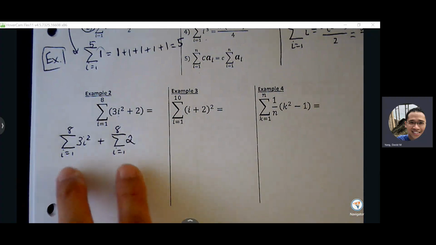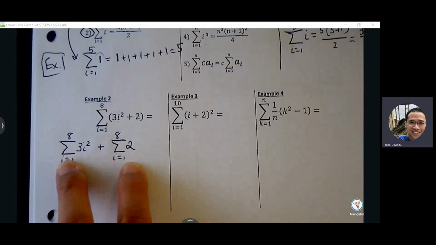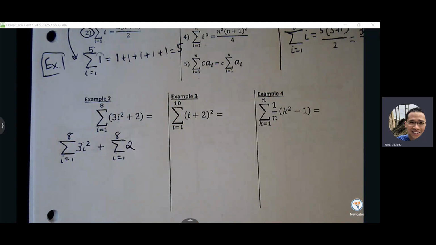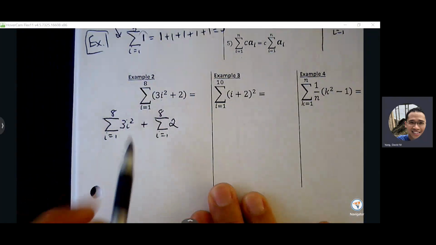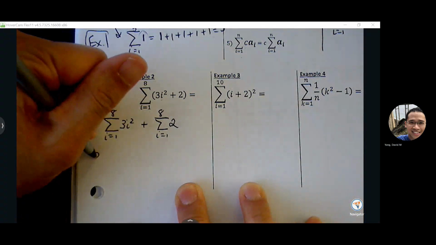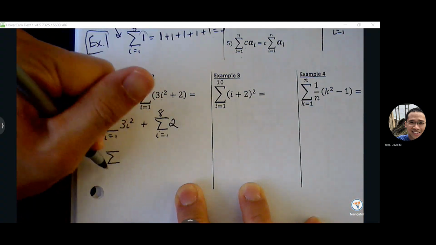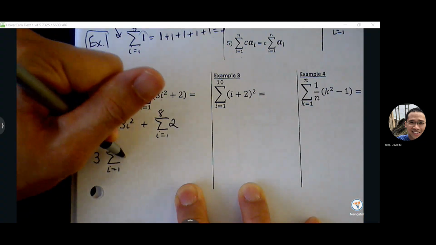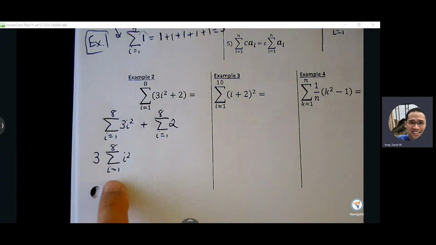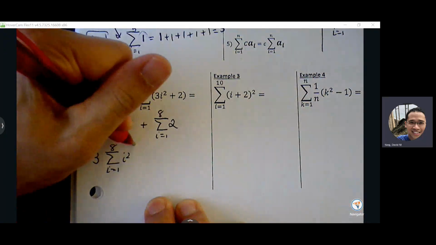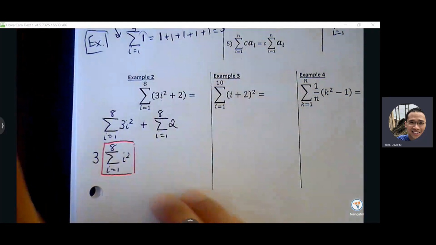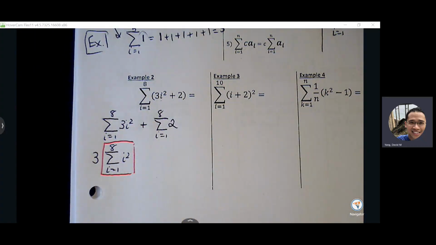Okay, so now that I've separated this into two sums, I want to fit these into the rules that I have available. I'm going to move some coefficients around. I'm going to pull the 3 out in front. And now I can see where my rule is going to apply. That 3 is just going to hang out in front until I resolve this portion, and then I can multiply that 3 through. And then the 2, same thing, right?